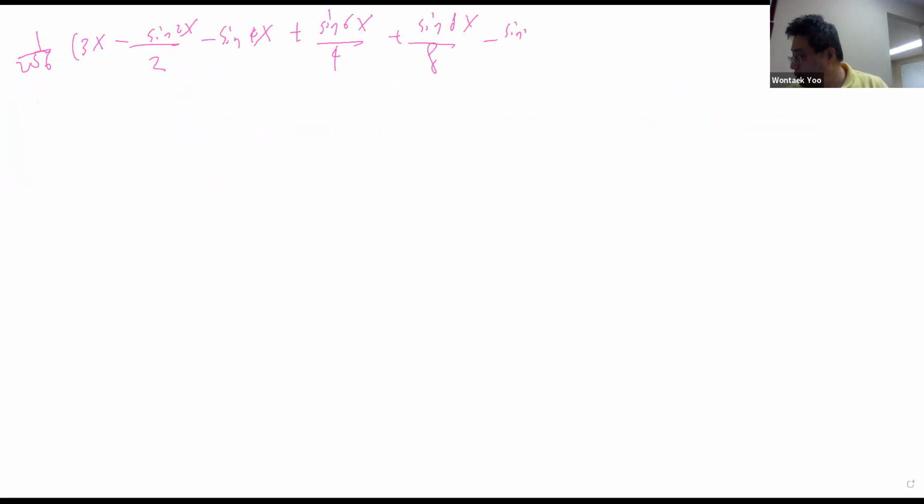Antiderivative of 3x minus sine of 2x over 2 minus sine of 4x plus sine of 6x over 4 plus sine of 8x over 8 minus sine of 10x over 20.